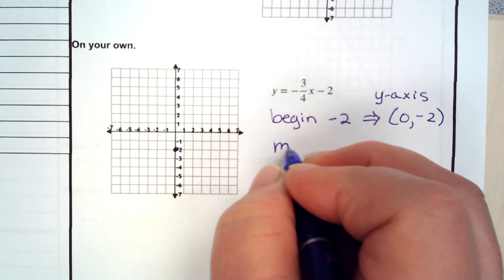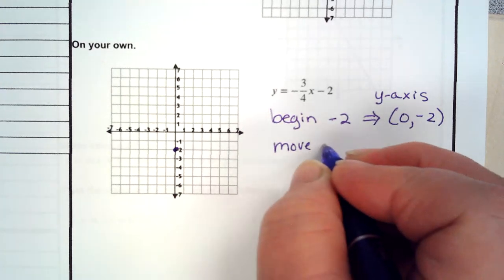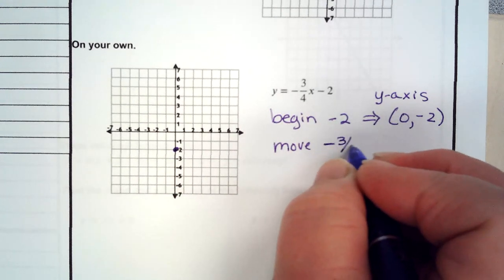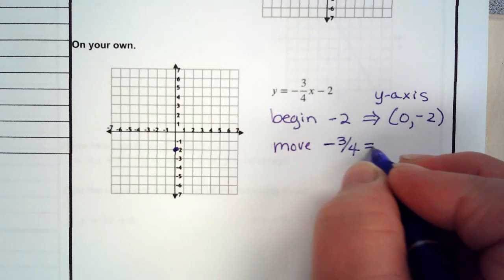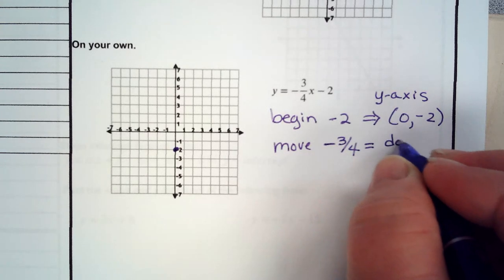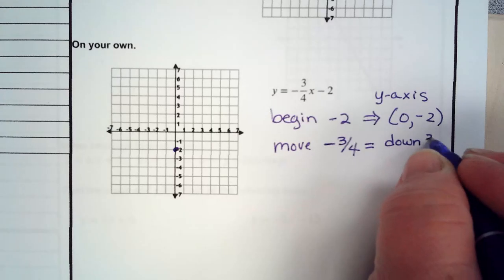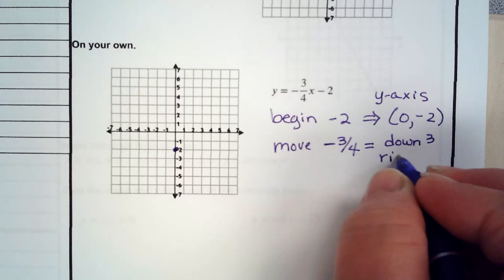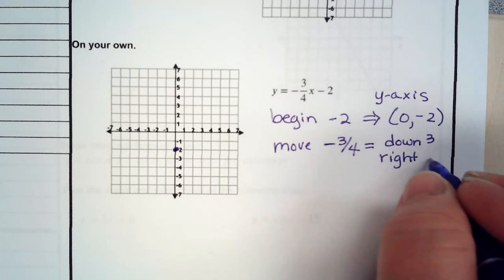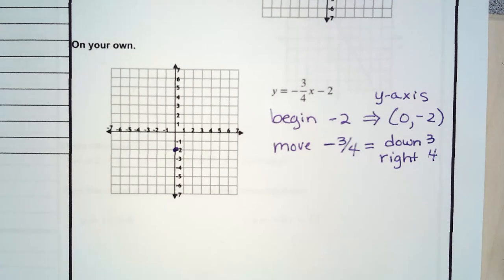How do I move? -3 over 4, which means down 3, right 4. You always go to the right if you can. If it's positive, you go up and to the right. If it's negative, you go down and to the right.